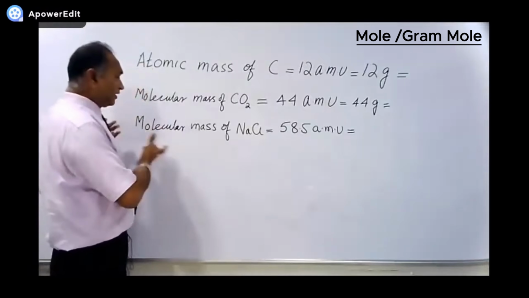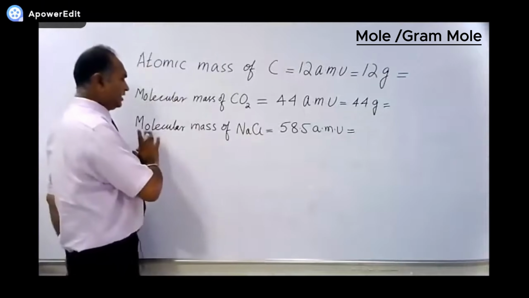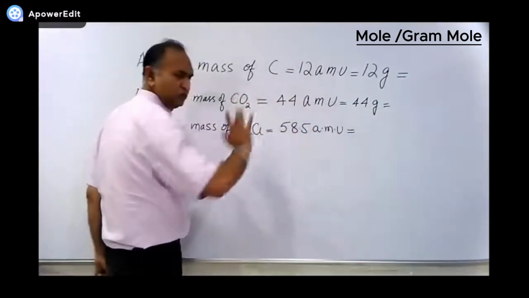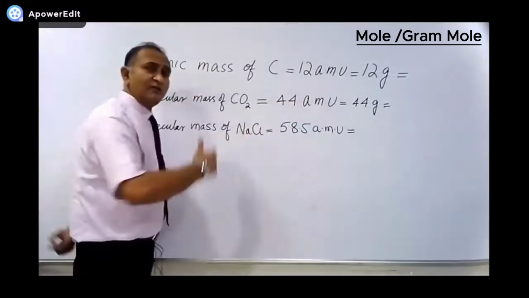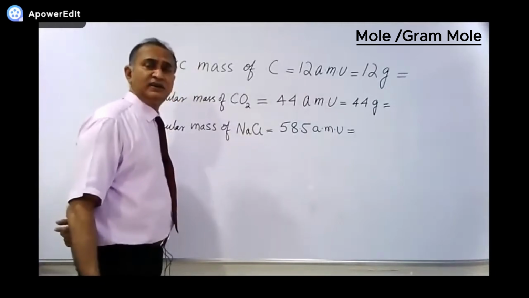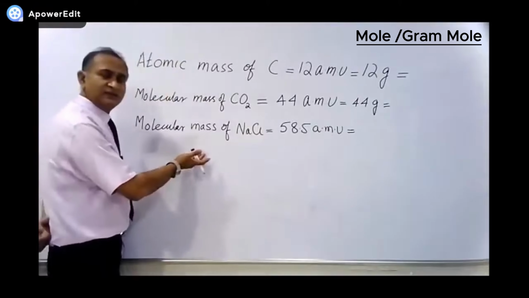Repeating the mistake you can see in the last one: I wrote here molecular mass of NaCl is 58.5 AMU. Fine. The question is, NaCl is not a molecule. So I have no right to write its molecular mass.